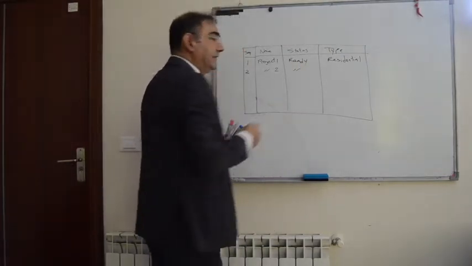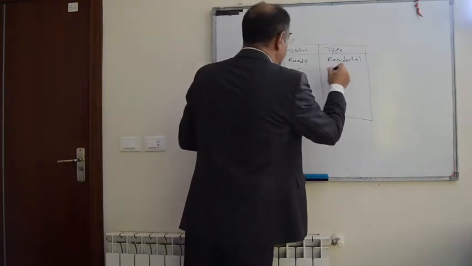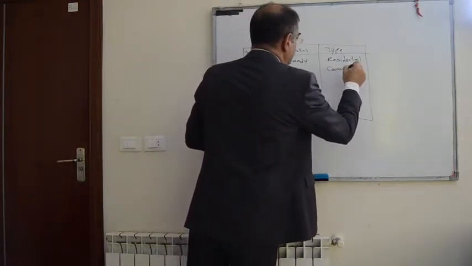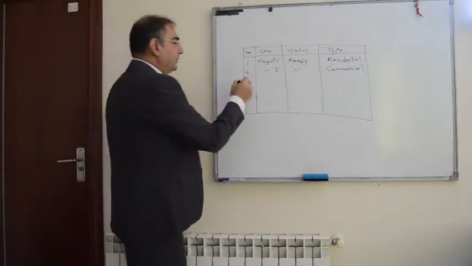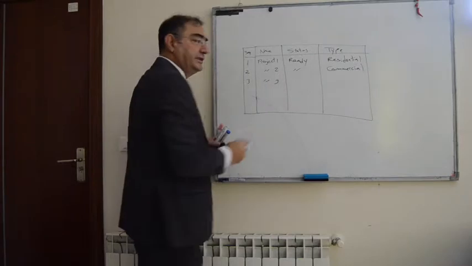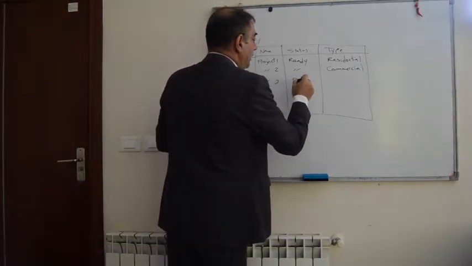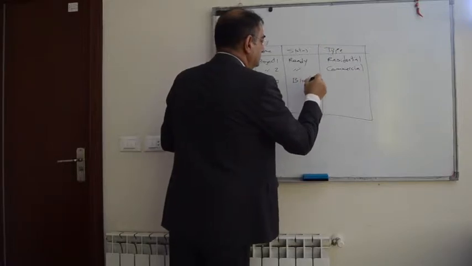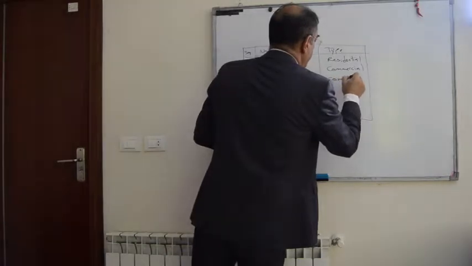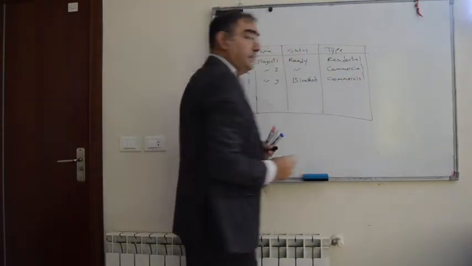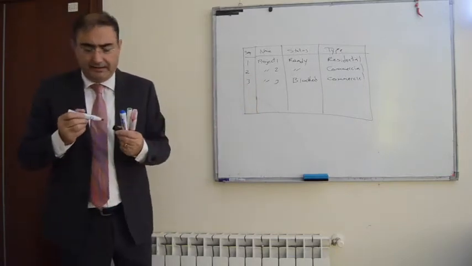It is of status ready, but it has a type, let's say commercial. And let me have another project that's called project 3 of status blocked and of type commercial. Okay? We will have others, but for now, let me explain this.